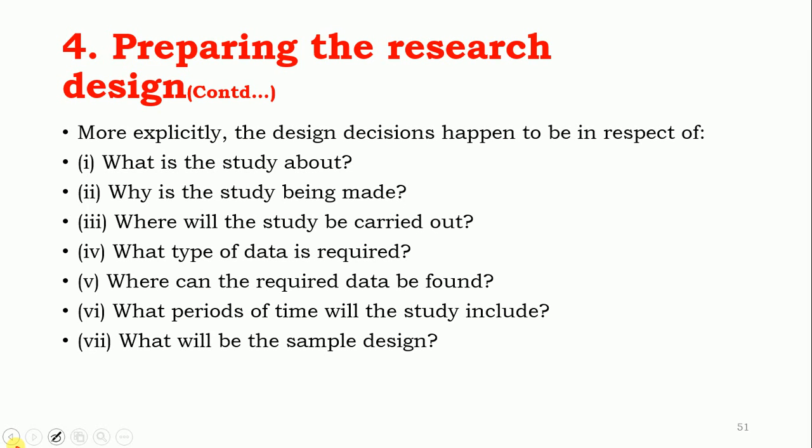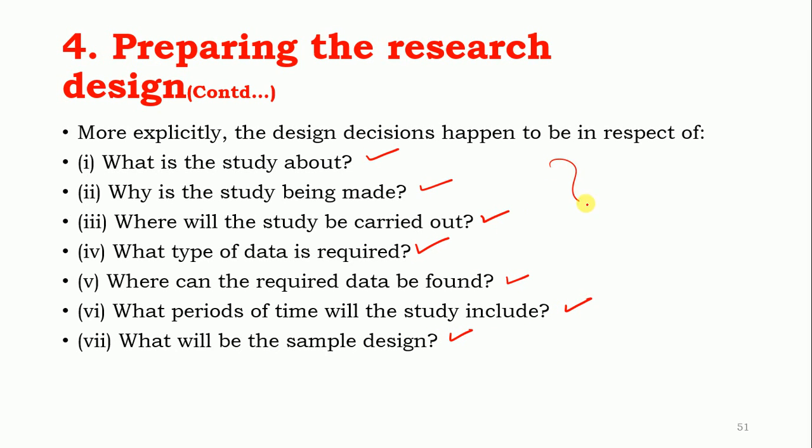You can go through this particular PPT for your understanding. Here the important point is that more exploratory design decisions happen to be with respect to the following. What do we decide in a research design? What is the study about, why is the study being made, where will the study be carried out, what type of data is required, where can the required data be found, what period of time will the study include, and what will be the sample size.